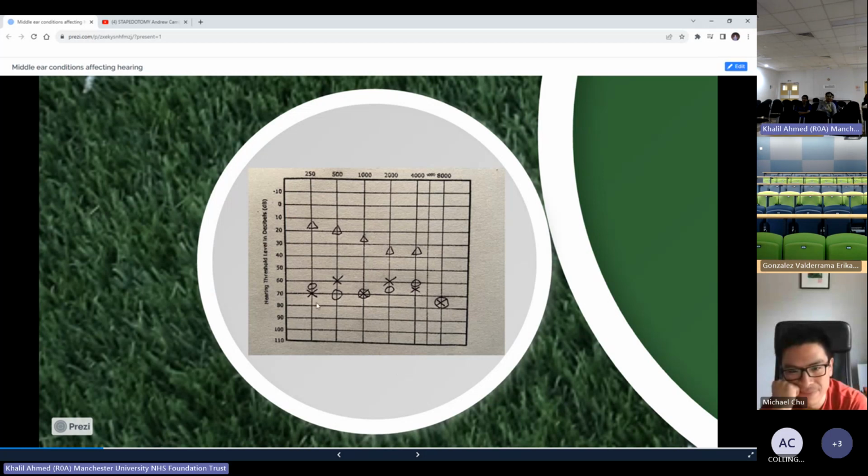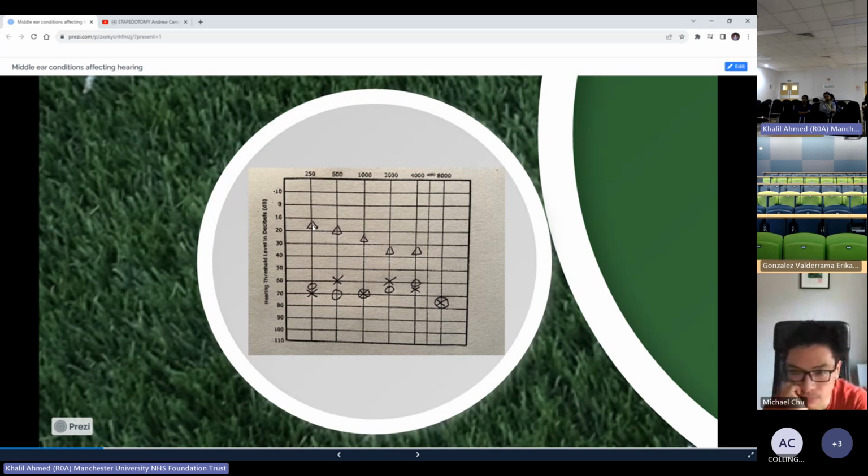So again, the air conduction thresholds are nearly the same on both sides, okay? The left and the right. But the bone conduction is unmasked. Triangle in Manchester, they use triangles, don't they? Is an unmasked symbol.